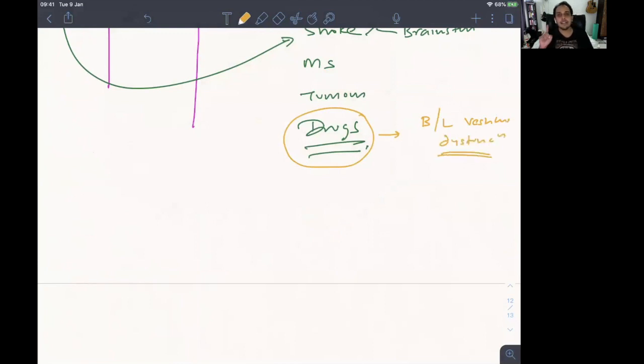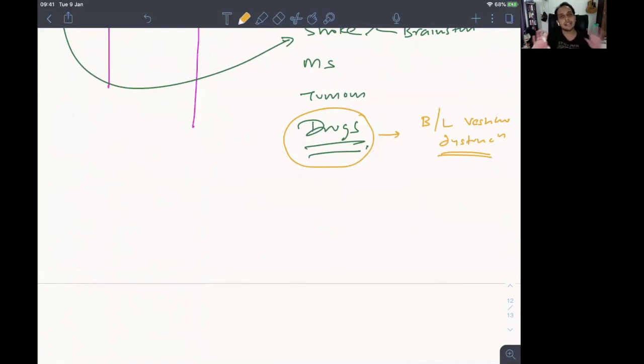Everything that we have discussed so far, we have talked about imbalance. We have talked about if one side is normal and one side is abnormal, then the normal side will push. But in a problem of drug toxicity, like ototoxicity, if you take streptomycin or gentamicin, those drugs will cause vestibular dysfunction and they will likely cause bilateral. Why should it cause only one side?